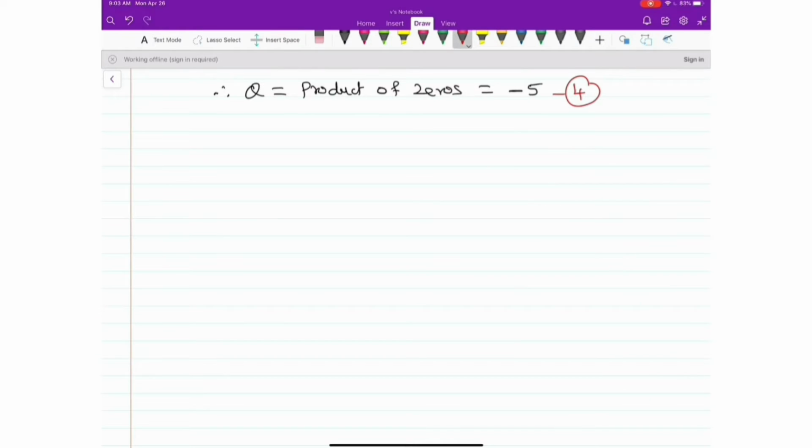Now we have to write the required quadratic polynomial. So let me first write the important point.